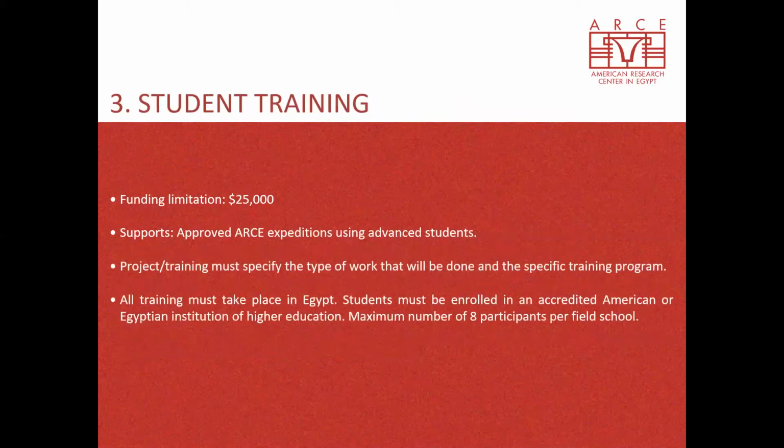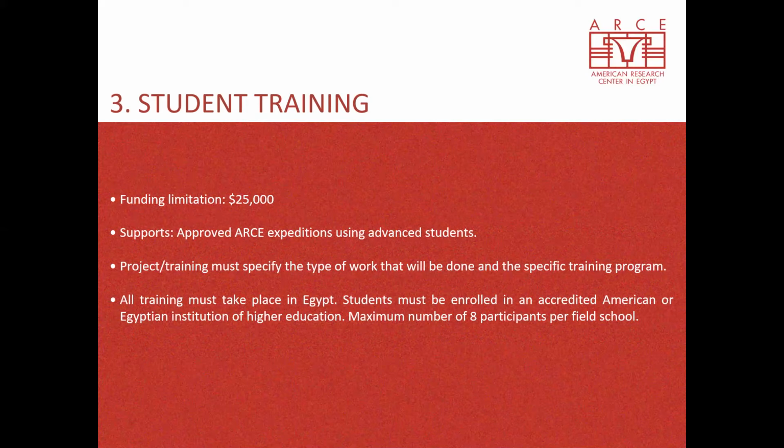The third category, student training, is similar to the one that we just discussed, the second category, but the only difference is the grant fund is for funding for training advanced students under expeditions approved by RC. Funding in this category can reach up to 25,000, and projects applying for this category must specify the type of work that will be done and the specific training program.